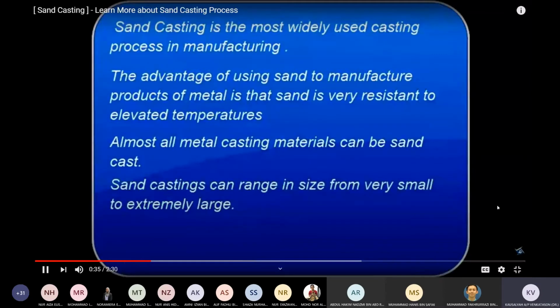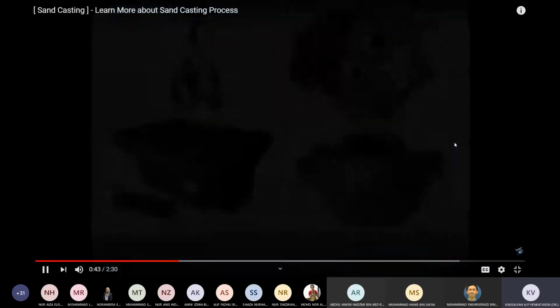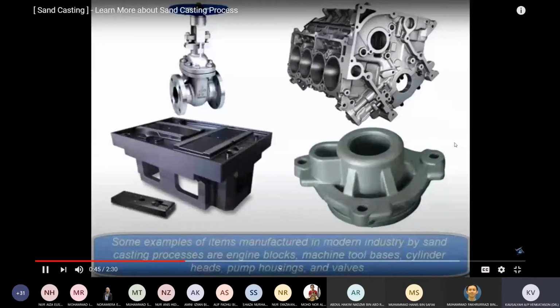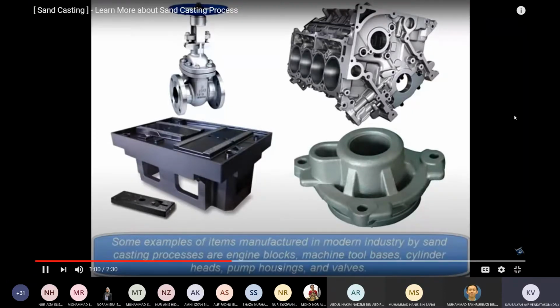Sand castings can range in size from very small to extremely large. Some examples of items manufactured in modern industry by the sand casting process are engine blocks, machine tool bases, cylinder heads, pump housings, and valves.